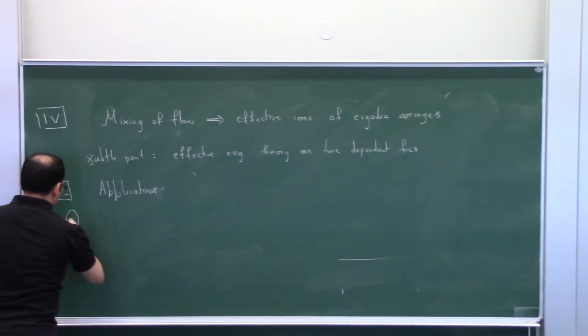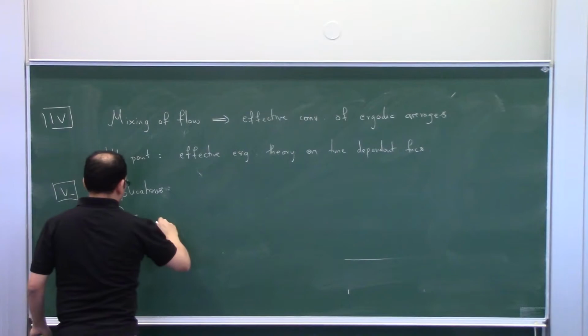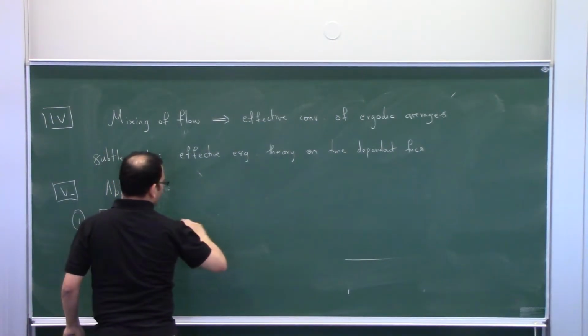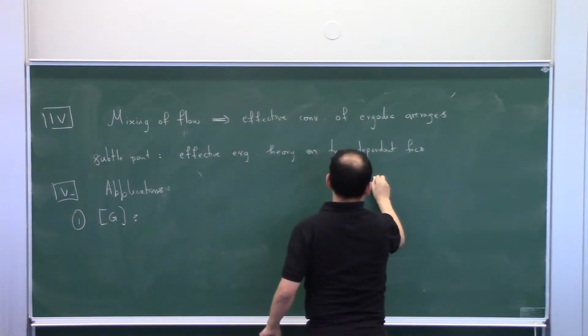Anyway, applications. The first one, average excursion. In this context, average excursion is unbounded.